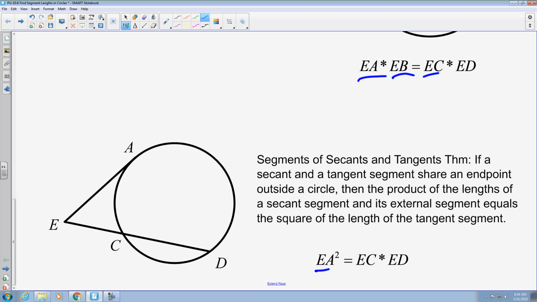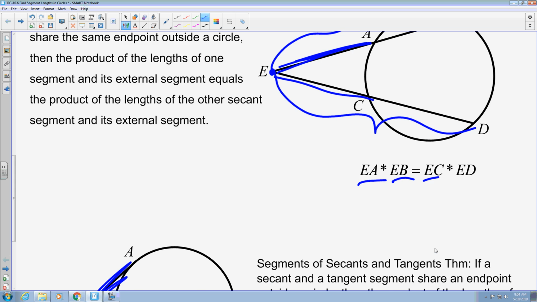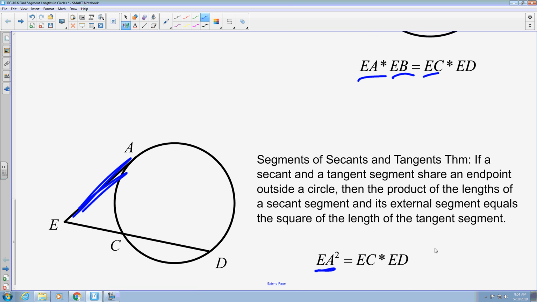So the tangent segment, which is EA right here, gets squared, and it's going to equal, kind of like with the segment of secants theorem, whatever it is on the outside times the entire segment, which is ED in this case.